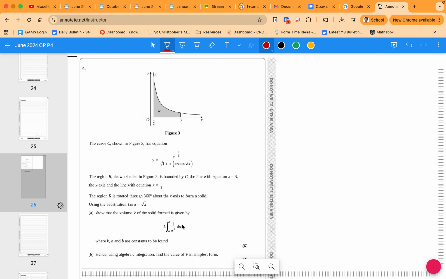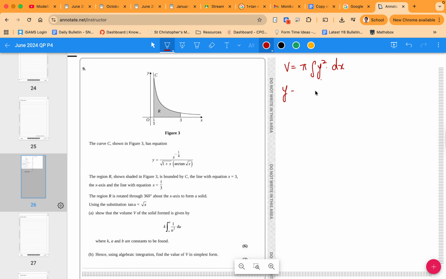So we already know what we are dealing with. Let's start with the volume. Volume will be equal to pi y squared dx.